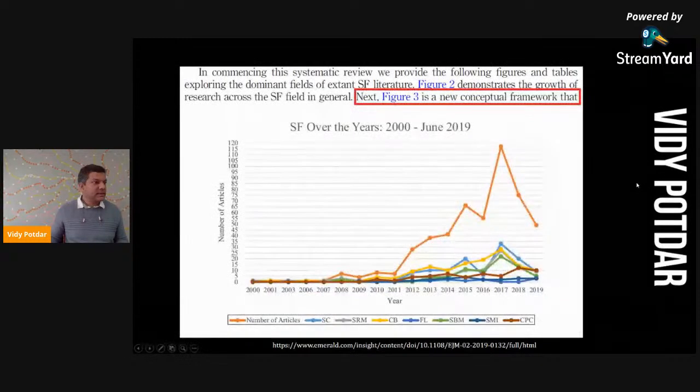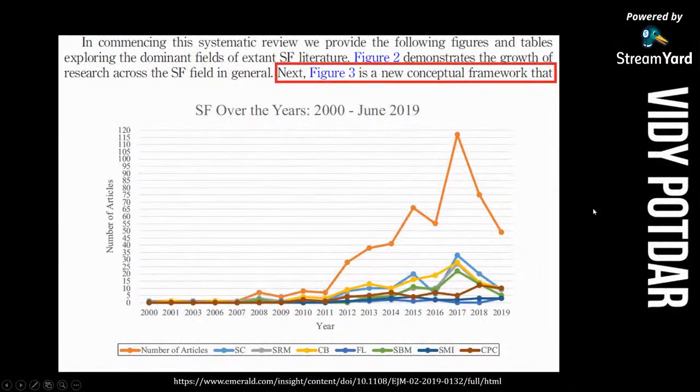Okay, let's see what's next. So here I like one sentence. In commencing this systematic review, we provide the following figures and tables exploring the dominant fields of the sustainable fashion literature.